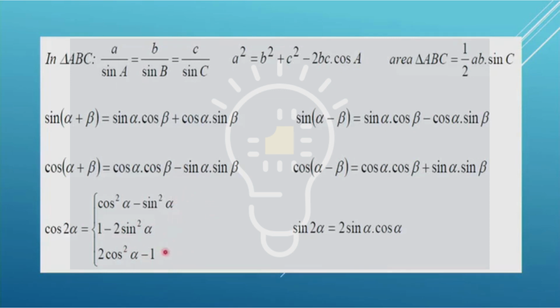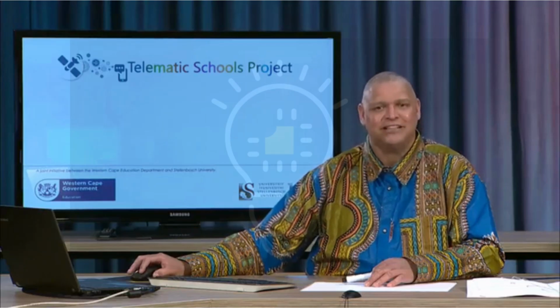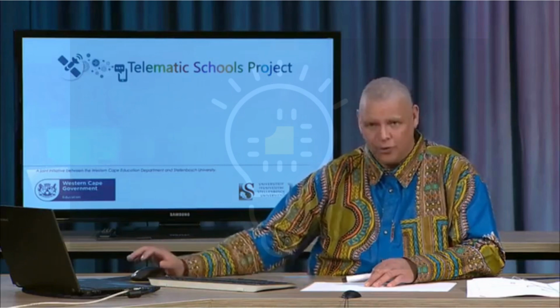All these three ways represent this particular expression, cosine 2 alpha. And the sine 2 alpha identity is 2 sine alpha cosine alpha. Now, no doubt your teacher helped you derive these. They're in your textbooks, they're in your study guides. Please have a look at them. Let's work with these as we go through our program.